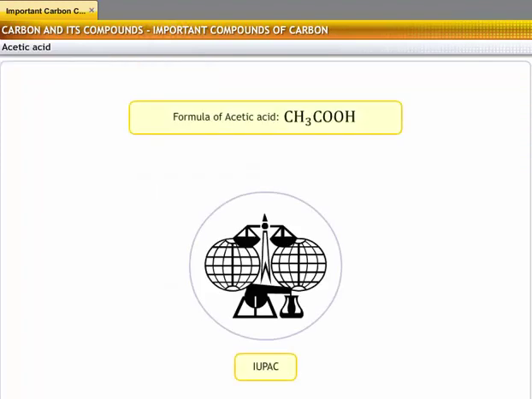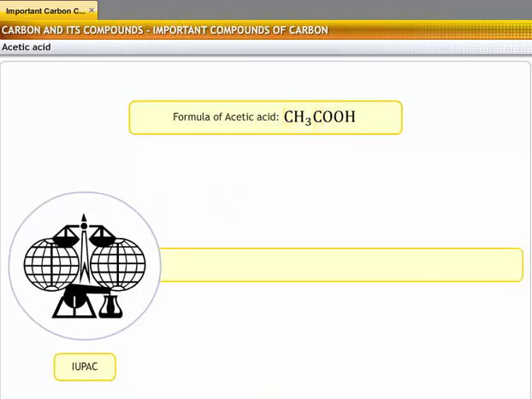The molecular formula of acetic acid is CH3COOH. To begin with, let's analyze the formula to derive the IUPAC name for acetic acid. Acetic acid has 2 carbon atoms. Therefore, the root word for the name of this compound is eth.